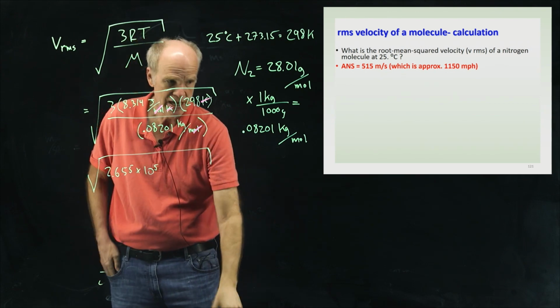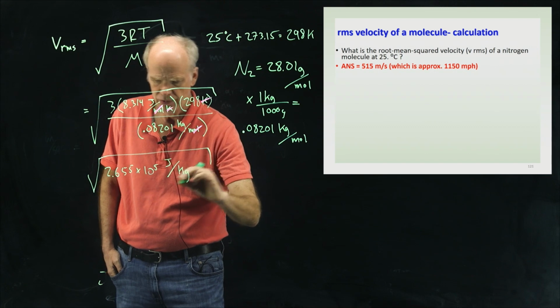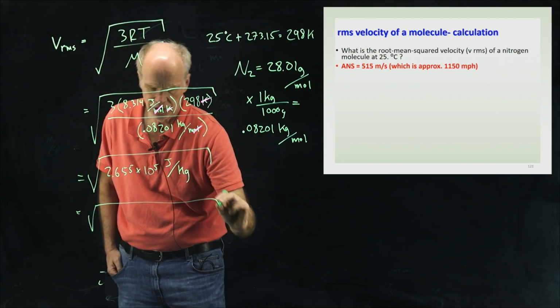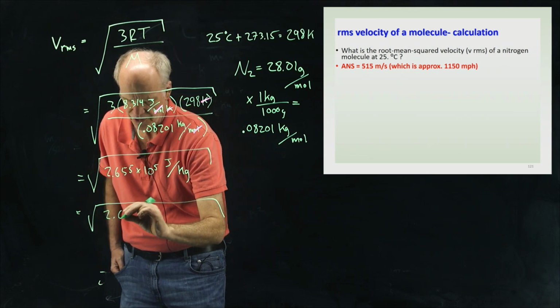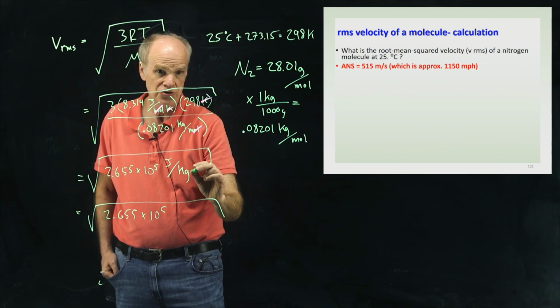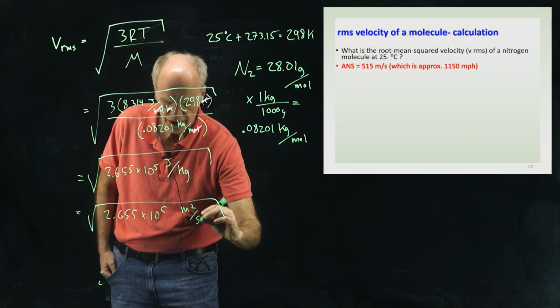And so units we have here are joules per kilogram, right? But we've kind of figured out earlier that those units, joules per kilogram, that is just meters squared per second squared.